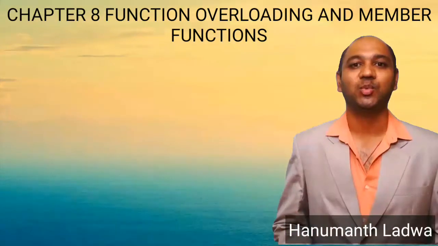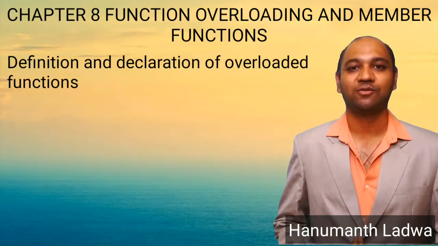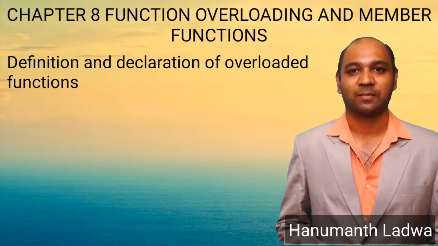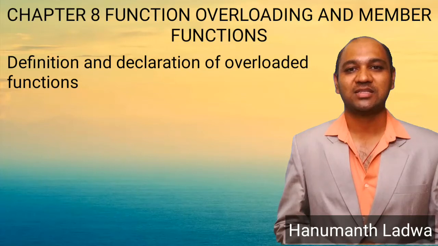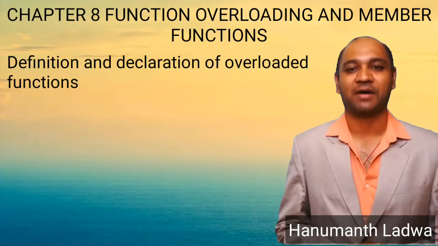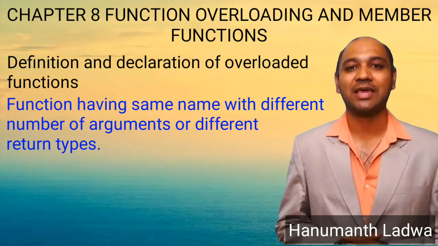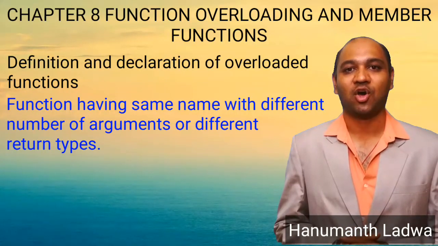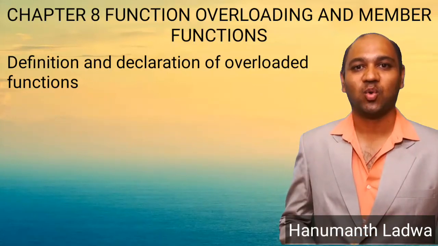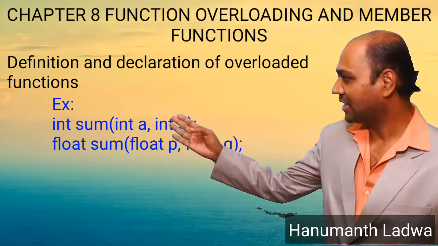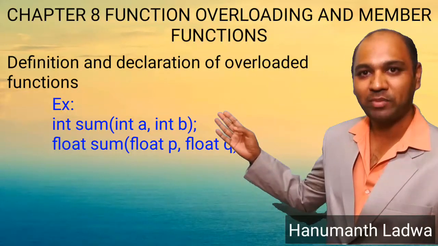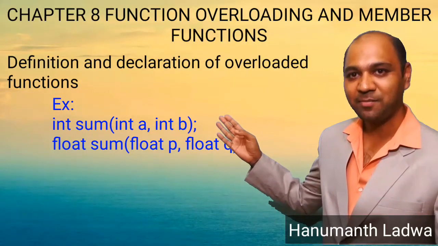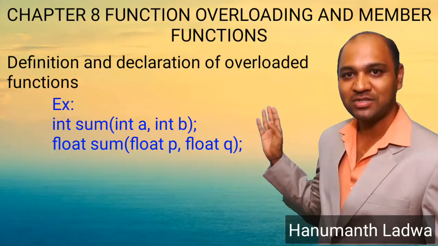Now let us continue with the definition and declaration of overloaded functions. Let us study what we mean by an overloaded function. Functions having the same name with a different number of arguments or with a different return type. Let us take one example. Here you can see int sum, inside the round braces we write int a, int b, then a semicolon.